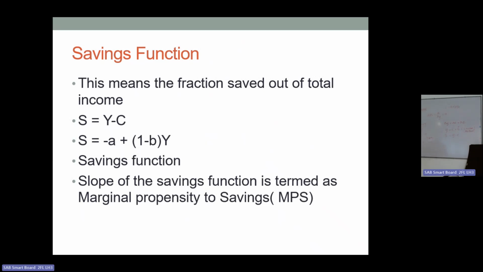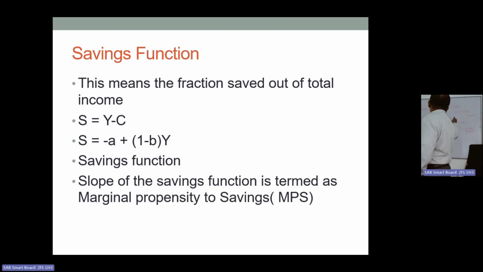In the consumption function, b is the marginal propensity to consume; in the saving function, minus a plus (1 minus b)Y, 1 minus b is the MPS, the marginal propensity to save. That is the MPS explained when income increases: the magnitude of change in savings.